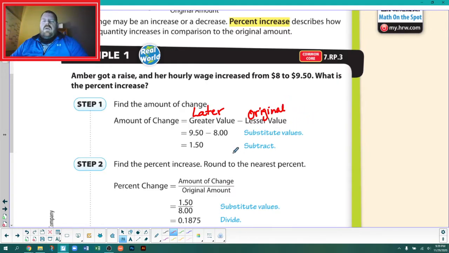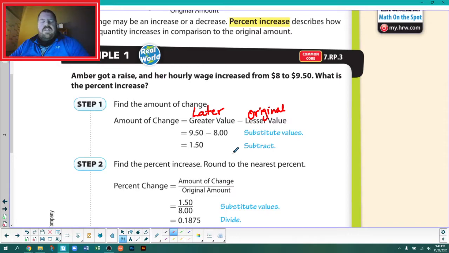I'll let you know when we get to percent decrease if the way that they're setting it up doesn't work. But for now, you can think of it as the greater value minus the lesser value. I can see where that might fall through, but for now, we can think either way.